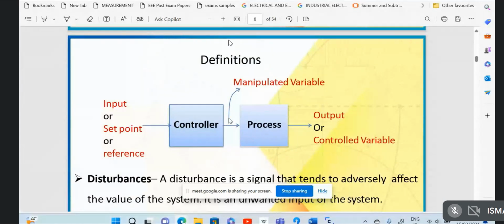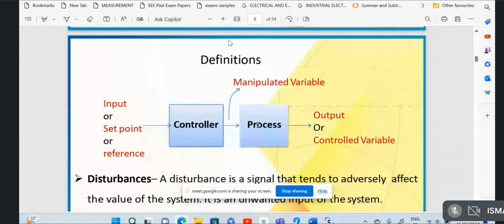Because if it is a digital plant, then the controller will have to change the input, which was not digitized, into a digital component so that it can interact with the system or the plant. If the plant is analog, then the controller must have a system that can convert this input to analog so that it can work with the process and give the output.